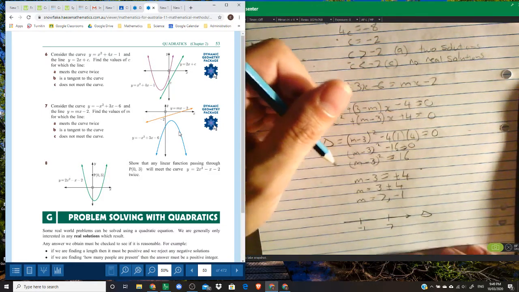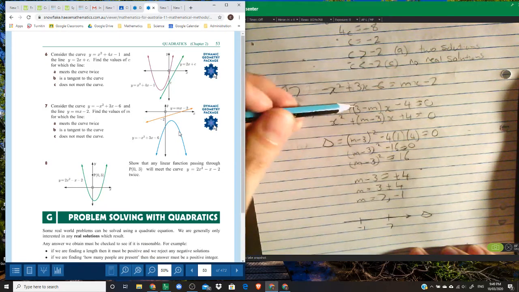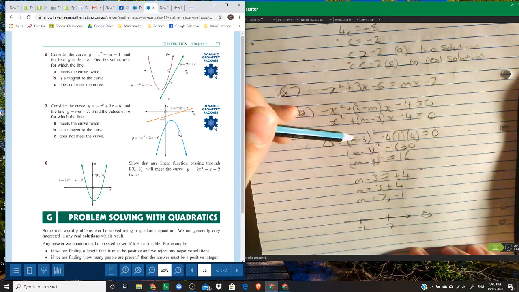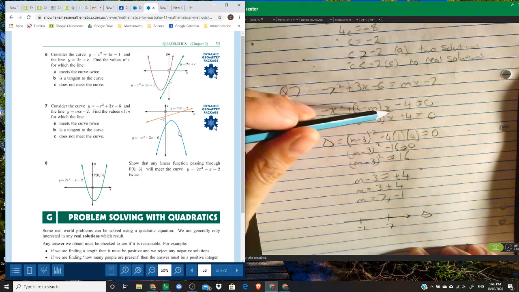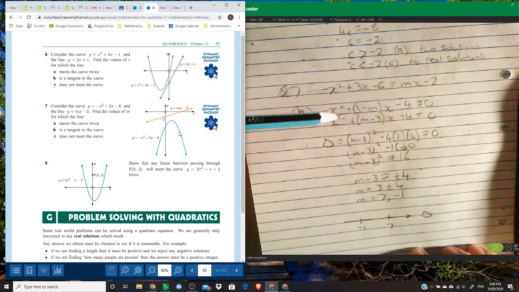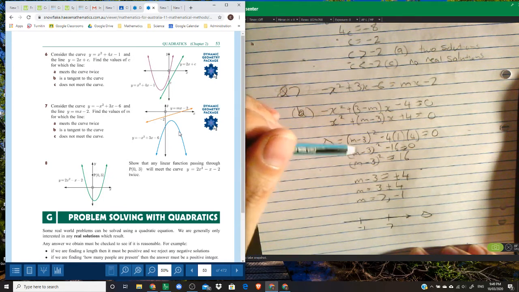If you have numbers between that, if I picked 0, if I substitute 0 into the discriminant, no, hang on, it's values of m.